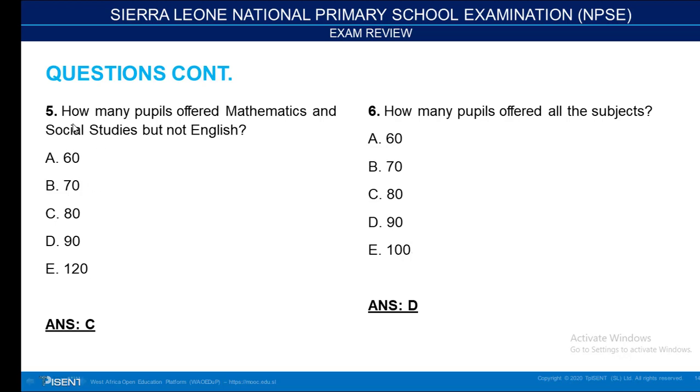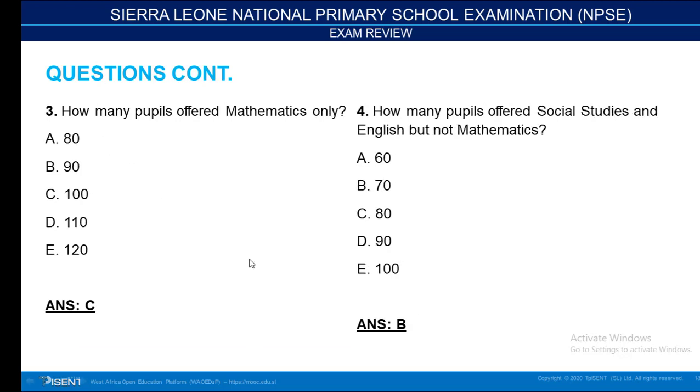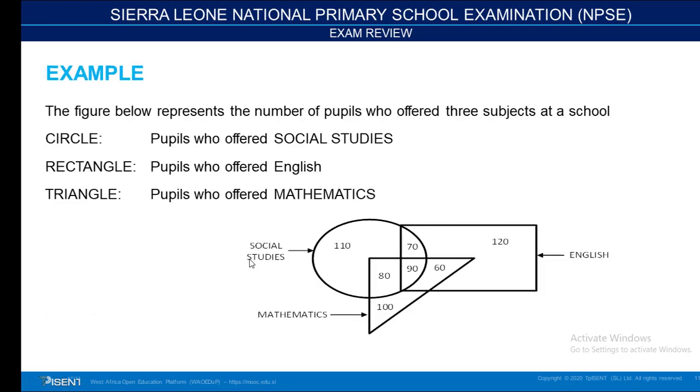Question 5. How many pupils offered mathematics and social studies but not English? This time, mathematics and social studies but not English, which means we should go and look for those pupils who are inside the social studies and maths shapes but not in the English shape.